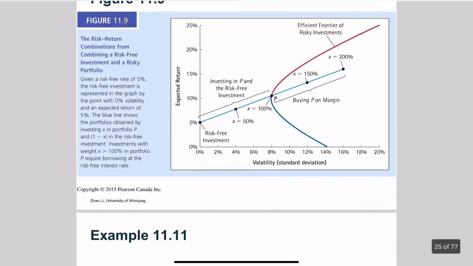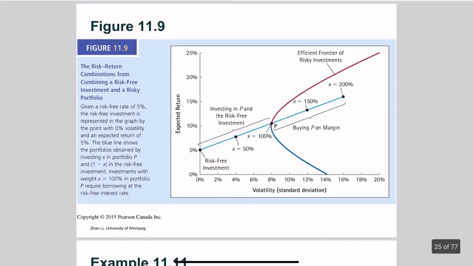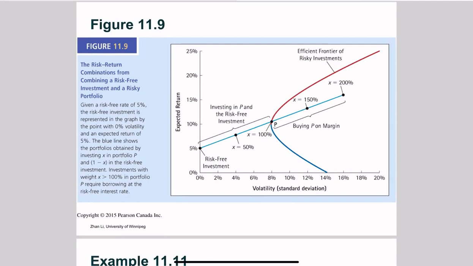So now let's look at the picture here and see what the implication is of being able to invest in a risk-free investment. First, here we have our original curve, right? This is the efficient frontier of risky investments. You could consider this efficient frontier as the efficient portfolios of all stocks.